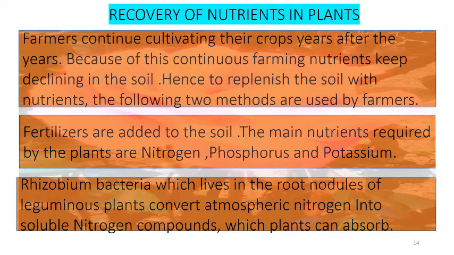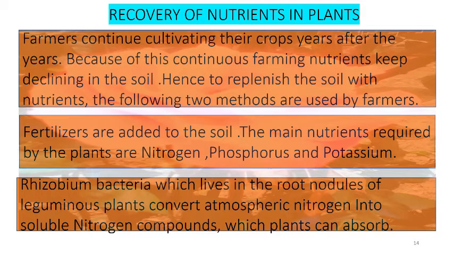These rhizobium bacteria convert the atmospheric nitrogen into soluble nitrogen compounds, which the plant can absorb and use. The remaining nitrogen compounds mix with the soil in the field and enrich it. Thus, the soil in the fields gets enriched with nitrogen compounds in the natural way.